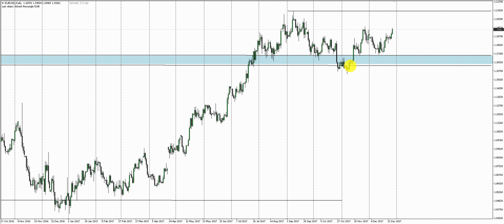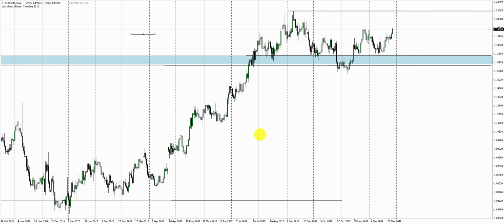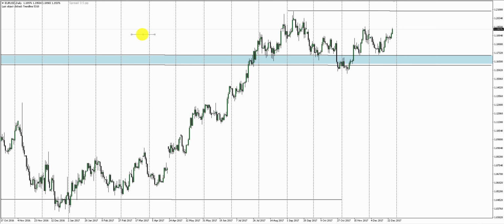We've come higher, nice, strong move up, controlled pullback, nice push up, breaking all of these 3 swing highs, okay? So let me mark off a thinner line so we can differentiate the difference between the levels.